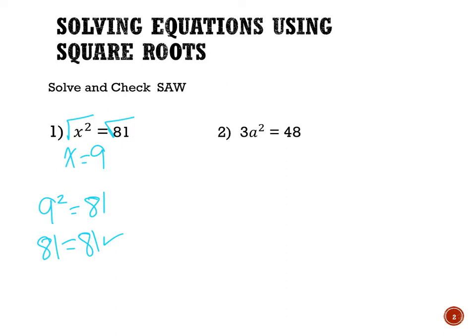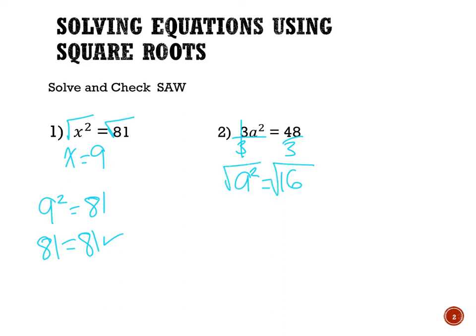Number 2, 3a squared equals 48. The first thing I want to do is get the a squared by itself. So I'm going to divide both sides by 3. 3 divided by 3 is 1, a squared. 48 divided by 3 gives me 16. Just like problem number 1, the inverse of squaring a number is taking the square root. So I'm going to take the square root of both sides.